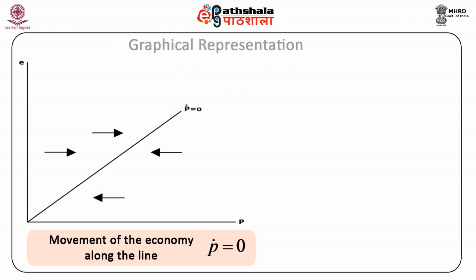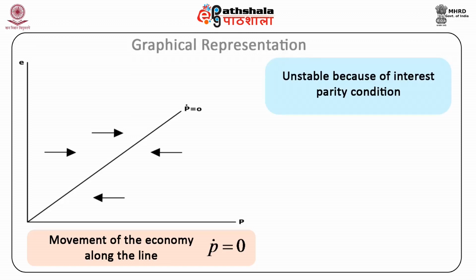Note that the system is becoming unstable because of the interest parity condition. Exchange rate movements are magnified rather than lowered. Hence, the movement is away from the e dot is equal to 0 line if the economy is not on that line. Here, it should be noted that e dot is equal to 0 represents an equilibrium situation.